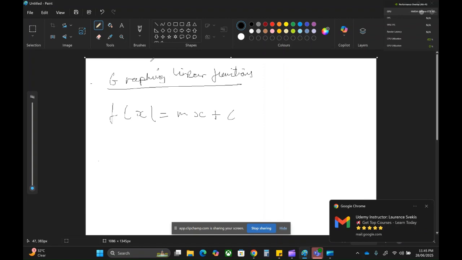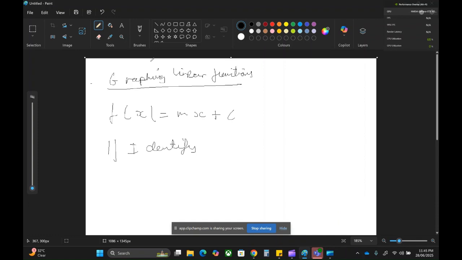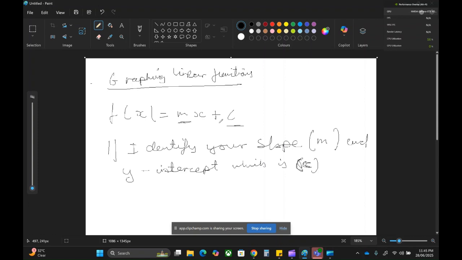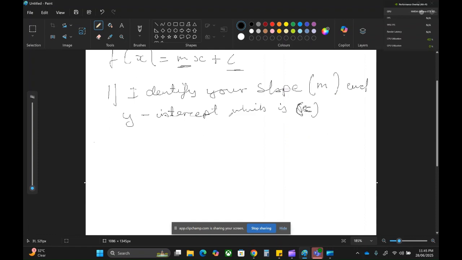Yes. So first you identify your slope, which is m, and y intercept, which is your c. So then after doing that, you plot your y intercept.